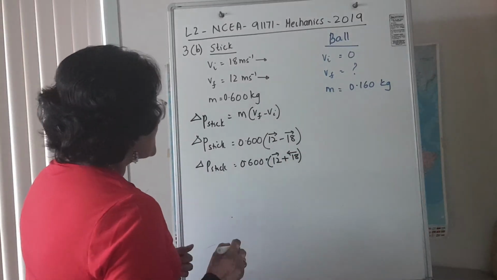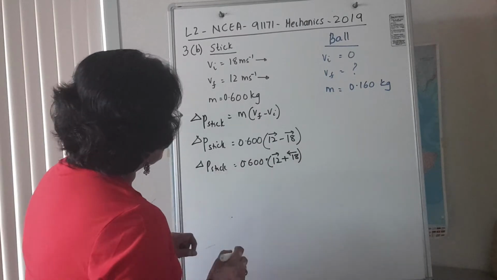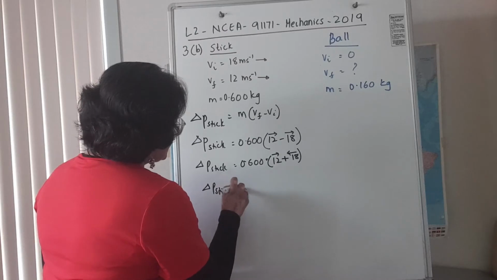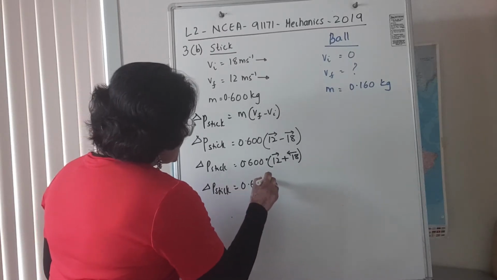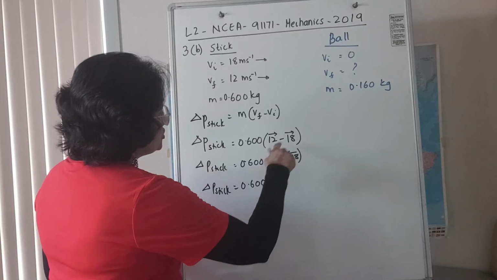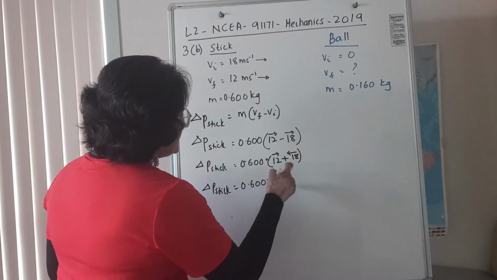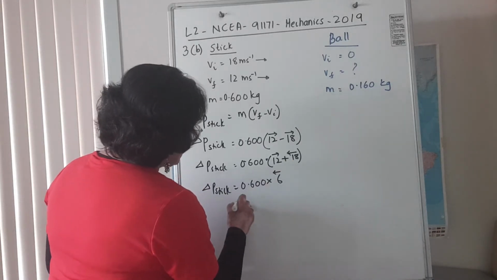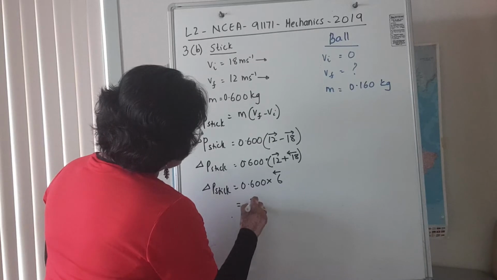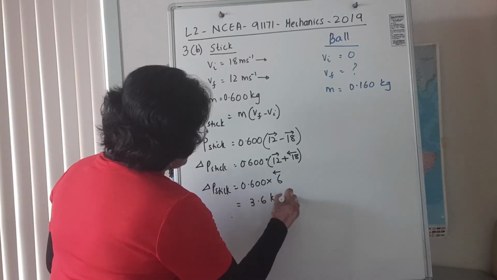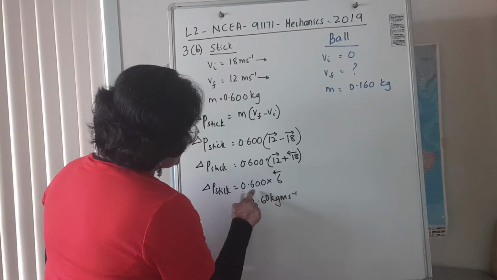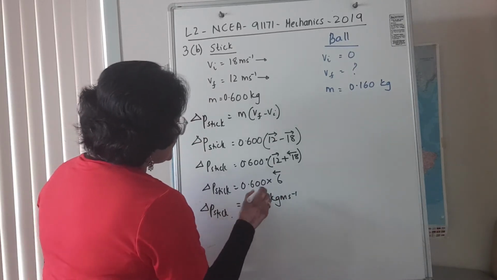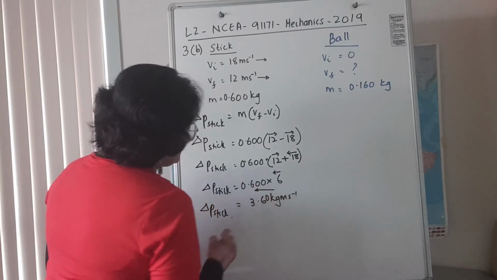And this is just a mark on the board, it's not anything I've put. So the change in momentum of the stick is 0.600 multiplied by 12 forwards, 18 backwards, which is 18 minus 12 is 6, 6 in this direction. And so that works out to 6 times 0.6 is 3.6 kilogram meters per second, 3.60 to make it 3 significant figures. So that's the change in momentum of the stick, and that's in this direction.